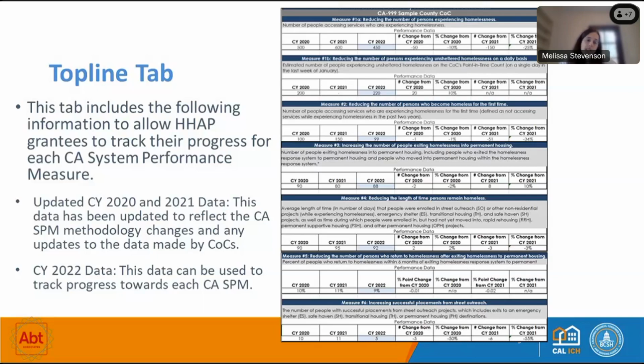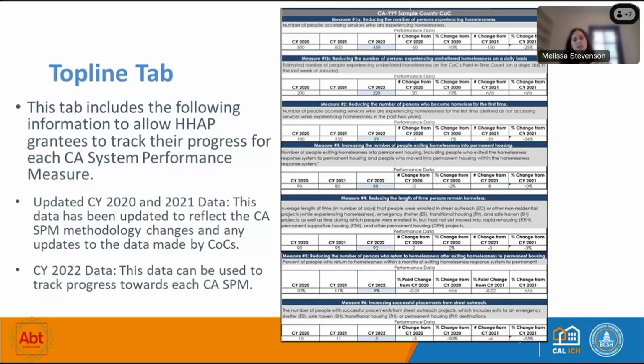There's also updated calendar year 2020 and 2021 data. So you previously received data for 2020 and 2021, but this updated data in this version of the template will include all those improvements that I talked about in the prior slide. So your data will look a little different in many cases, not in all, but in many cases.